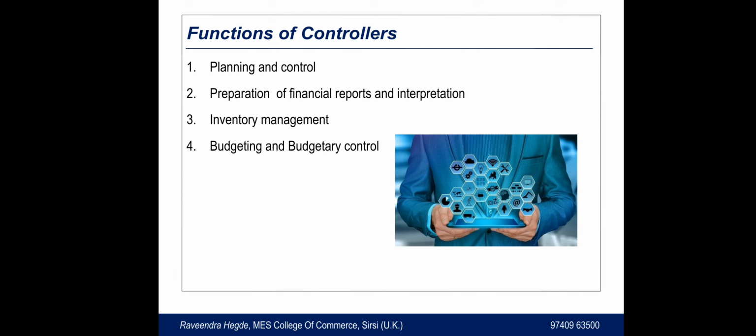Preparation of different types of budgets such as sales budget, production budget, inventory budget, cash budget, and so on, and ensuring effective budgetary control. Fifth one is internal auditing. Friends, this means planning and supervising the internal audit system.